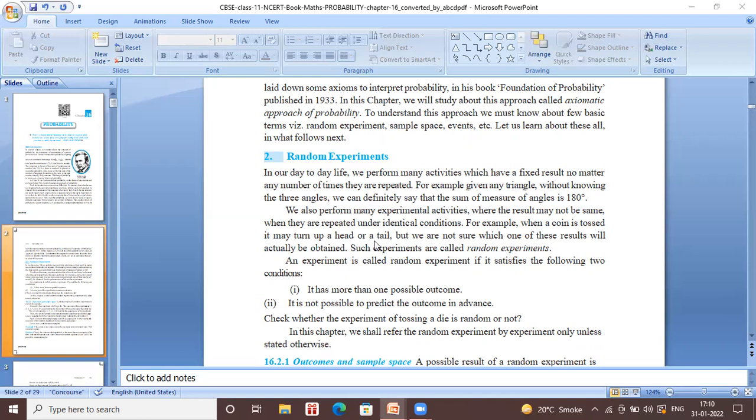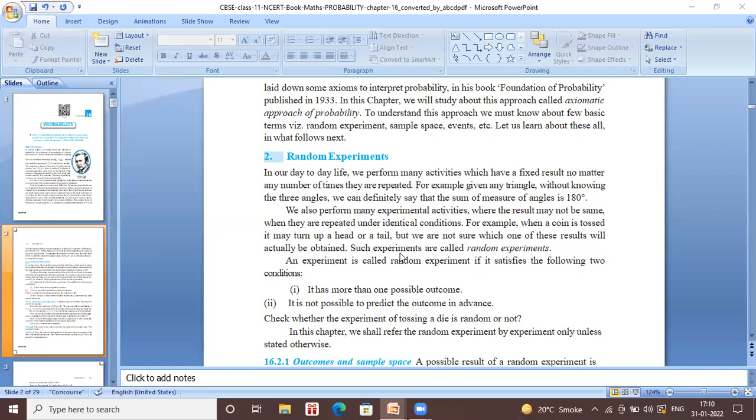We also perform many experimental activities where the result may not be the same when they are repeated under identical conditions. For example, when a coin is tossed, it may turn up a head or a tail. But we are not sure which one of these results will actually be obtained.